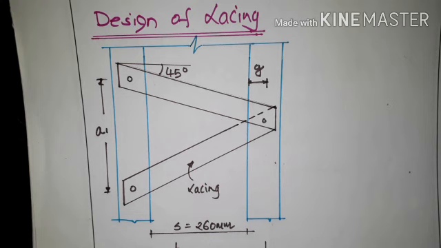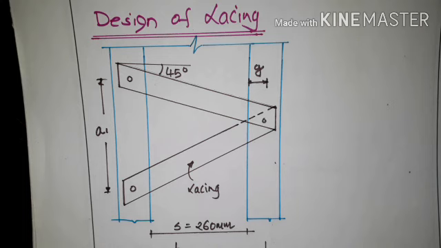And we got to know that our section is safe to carry the design compressive load. So the selected section is safe to carry the load. Up to that we have covered in the last session.